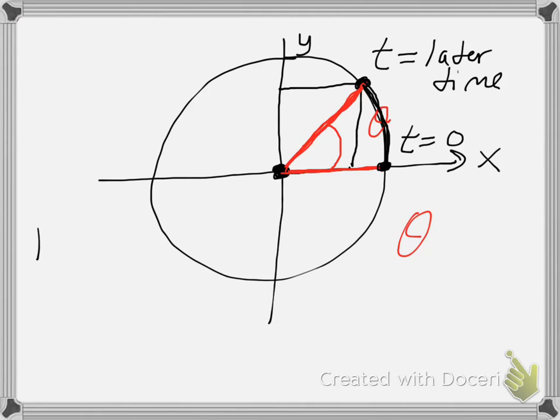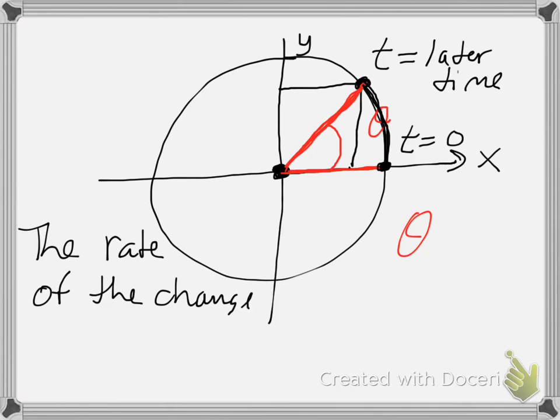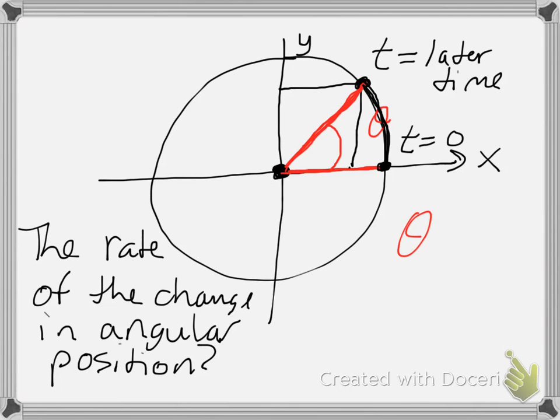So we can ask, what was the rate of the change in angular position? And in fact, an equivalent question to this is, what is the angular velocity? Anytime we have the rate of change of a position, that's going to imply a velocity.